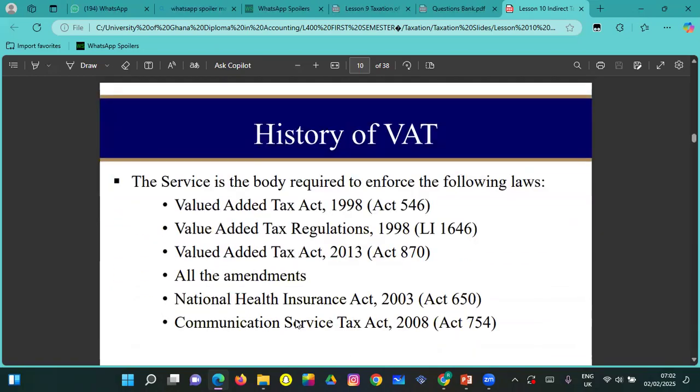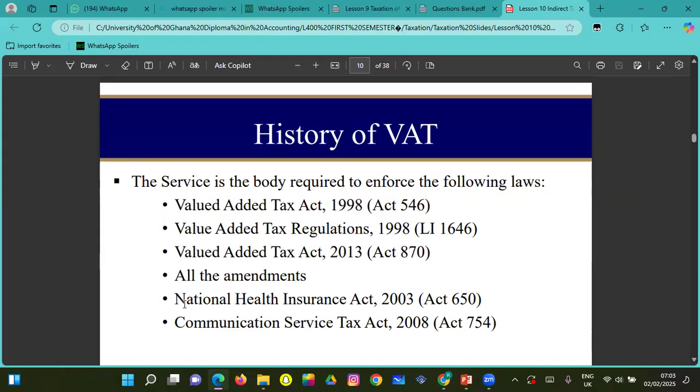So the service is the body required to enforce the following laws. They are required to enforce the Value Added Tax Act 1998, Act 546, Value Added Tax Regulation 1998, LI 1646, Value Added Tax Act 2013, Act 870, or the amendments.